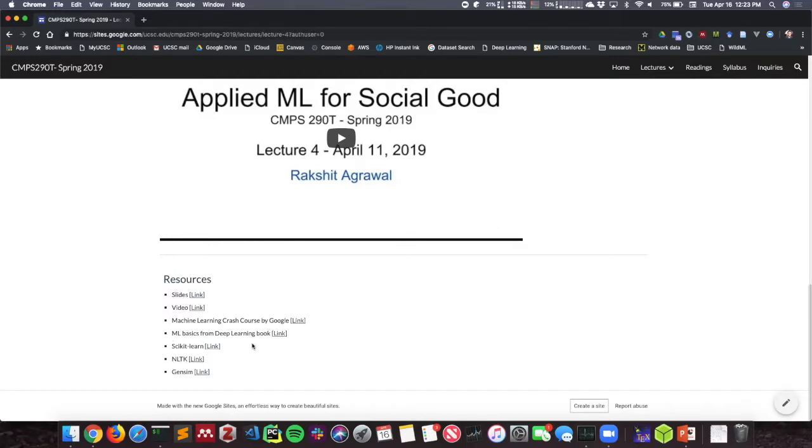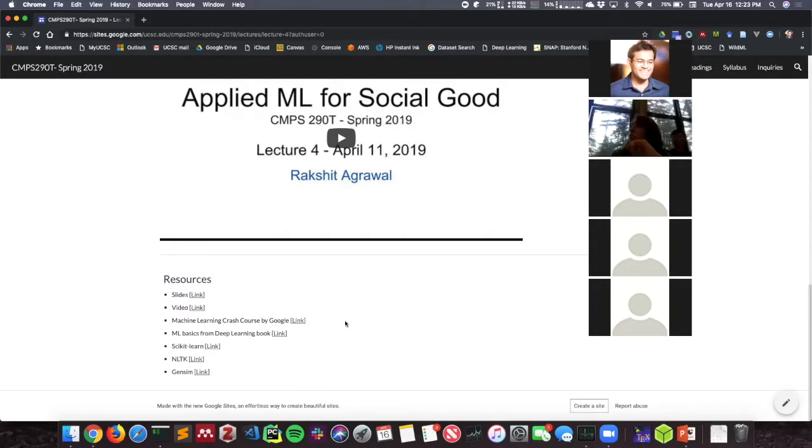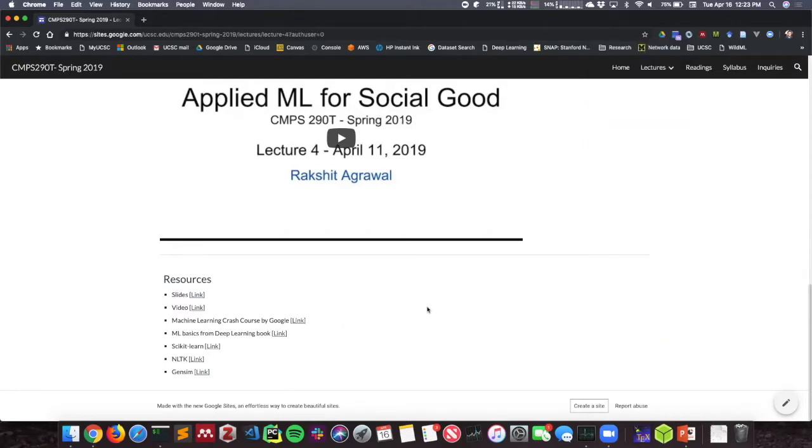There's one chapter in the deep learning book on ML basics, which I think is good. It covers everything going up to the deep learning point, a basic setup of information. They describe different types, supervised and unsupervised approaches. It's a good chapter to read. And then scikit-learn and NLTK and Gensim are the libraries that we used.